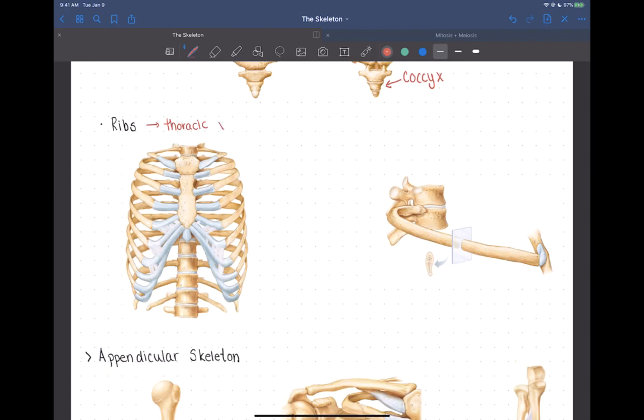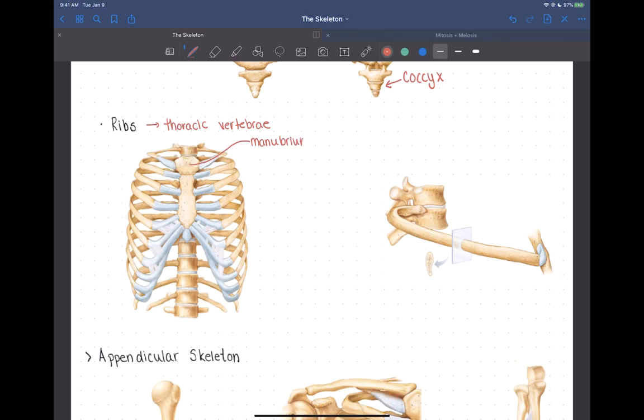And then they can, to varying degrees, attach to the sternum. Okay, so we have our sternum here in the middle. This is the sternum. The sternum has 3 different parts. On the top here, we have the manubrium.